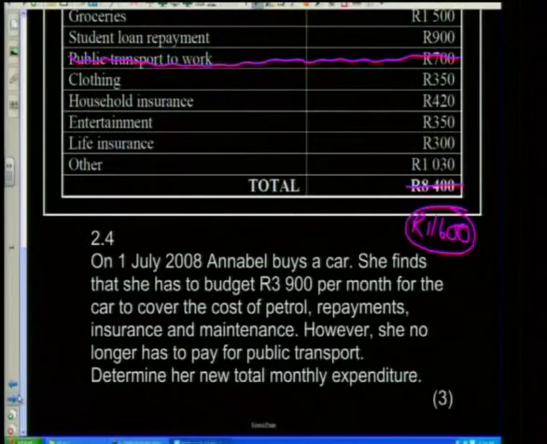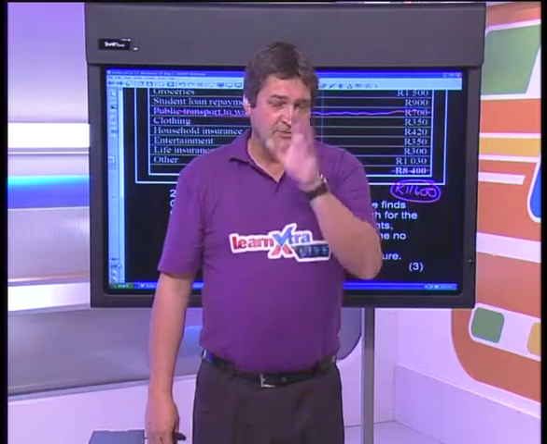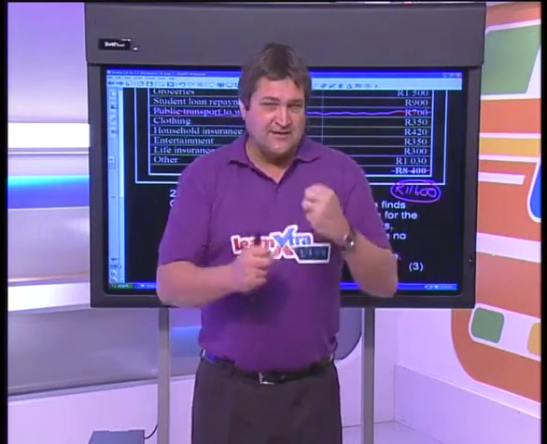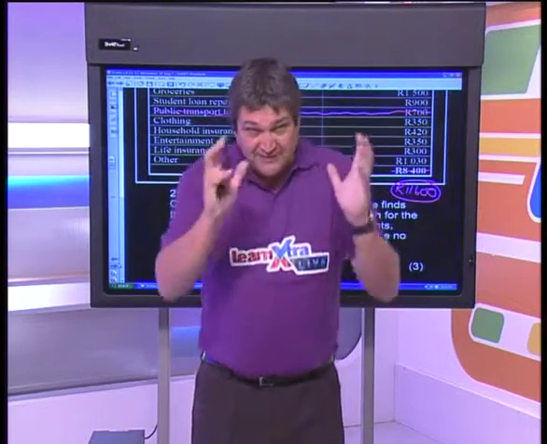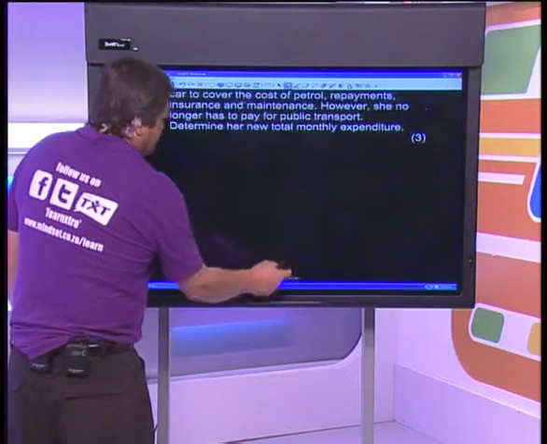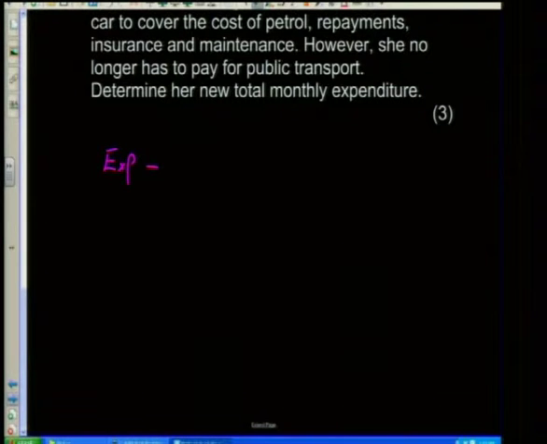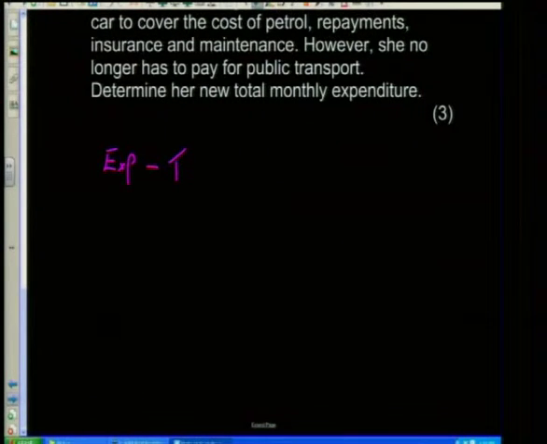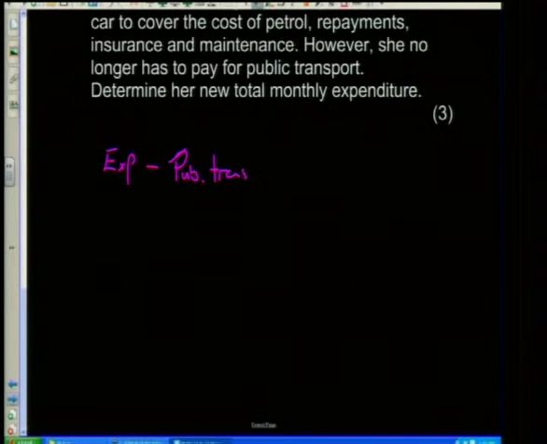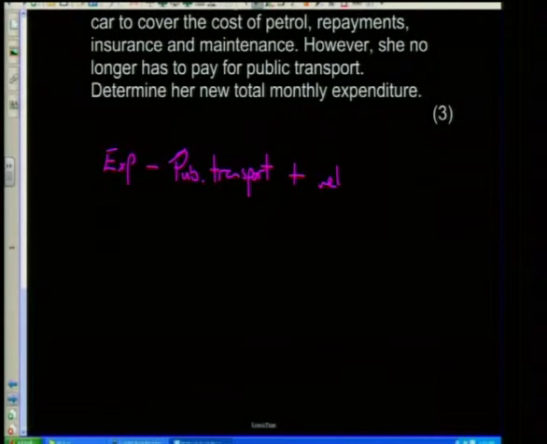Does that make sense to you? Guys, when you answer this question, and we always struggle for time here, that's why I try to do it quickly and just explain the concept. But the way you should have done it is to say: her expenditure, minus her public transport, plus her new vehicle.